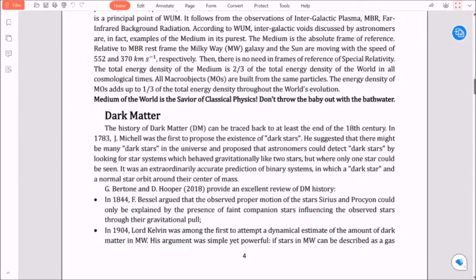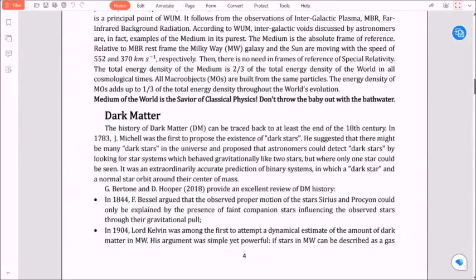It was an extraordinarily accurate prediction of binary systems in which a dark star and a normal star orbit around their center of mass. Bertone and Hooper in 2018 provide an excellent review of dark matter history.